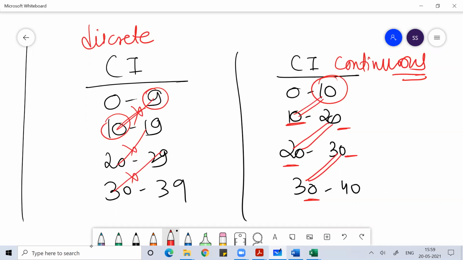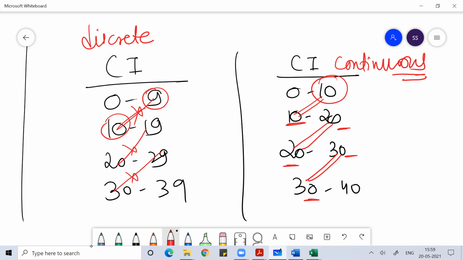Here we are discussing general day-to-day life examples, which are not based on probability.